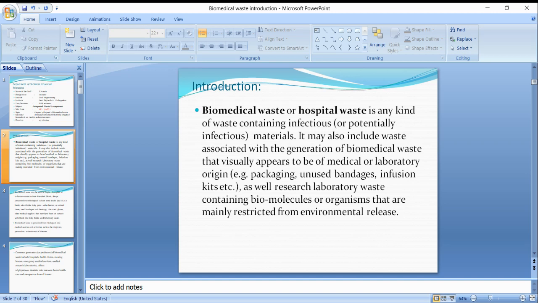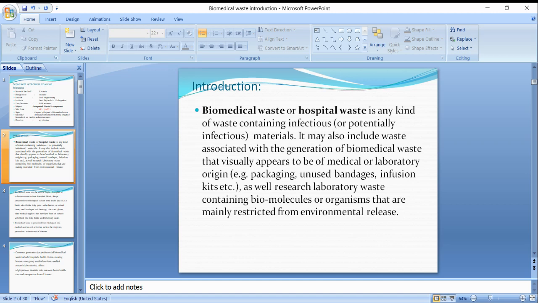If you take the example of a hospital, a hospital has a number of syringes, or you can say injections, and also blood banks and dressing materials for operation theaters. So different materials will be there which are infectious, and they may also have medicines in them.